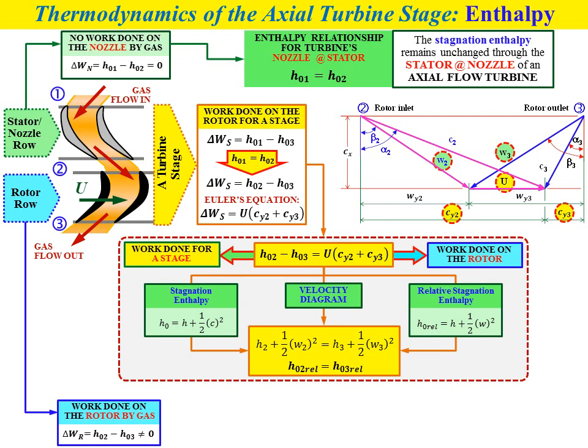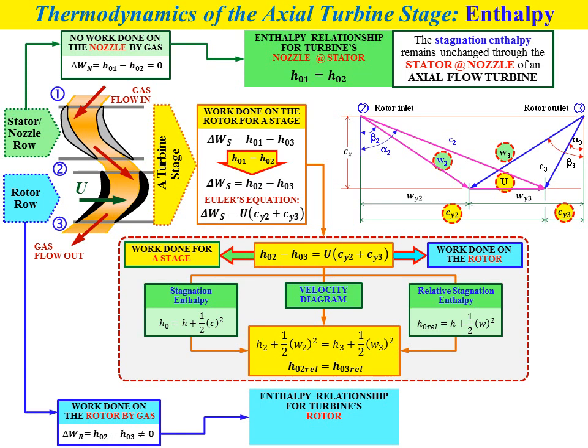We can see that we have a new relation in terms of enthalpy, where the relative stagnation enthalpy at condition number 2 equals the relative stagnation enthalpy at condition number 3. The condition numbers here are the conditions at the rotor.